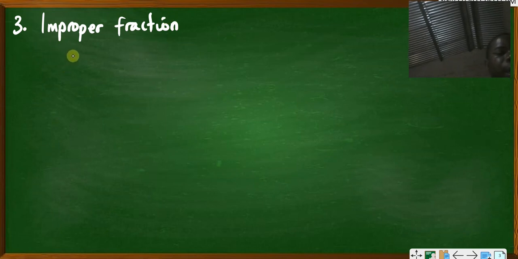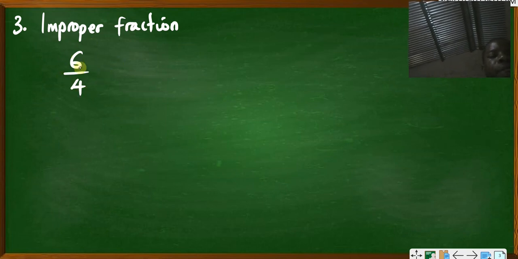I can give you an example, like maybe 6 over 4. So such a fraction is an improper fraction where the numerator is bigger than the denominator. As you can see, 6, which is a numerator, is bigger than 4, which is a denominator. So these are fractions. But what you should know is that improper fractions can always be changed into mixed fractions.